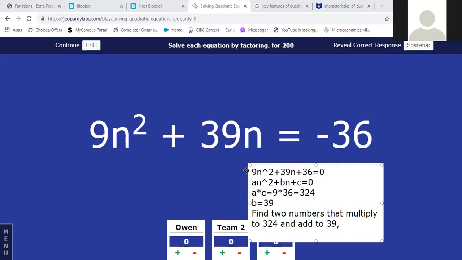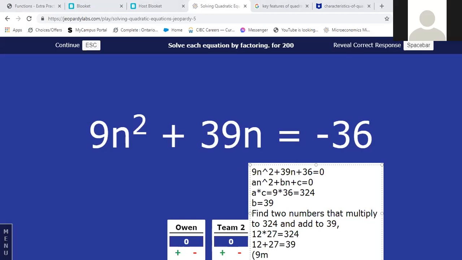I'm just gonna try. So 12 would work. So 12 times 39 is, oh wait, sorry, 12 times 27 is 324, and then 12 plus 27 is 39.